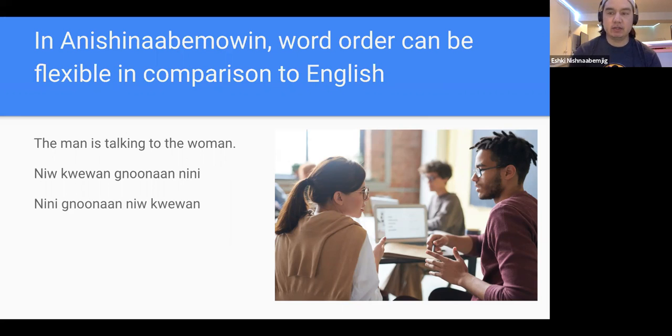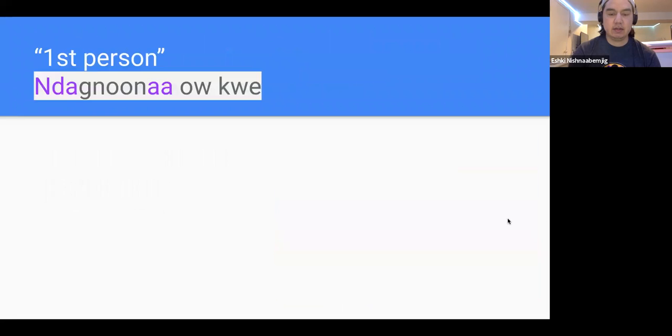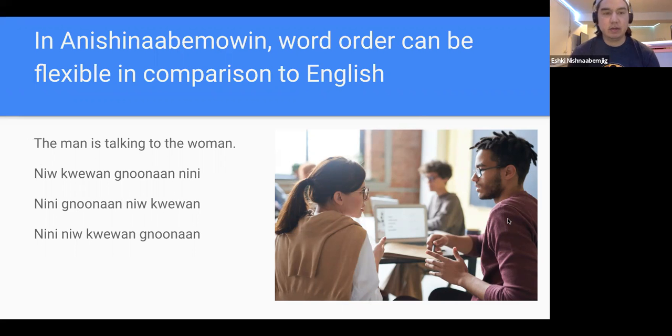That's another way. Nene niokwewan gununan. Those are just three different ways you can see the different word combinations, and they all mean the same thing. The man is talking to the woman.